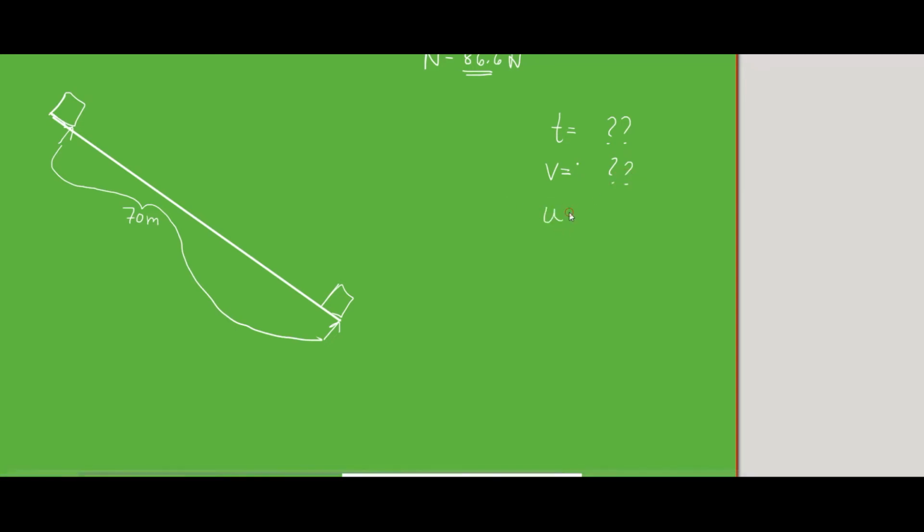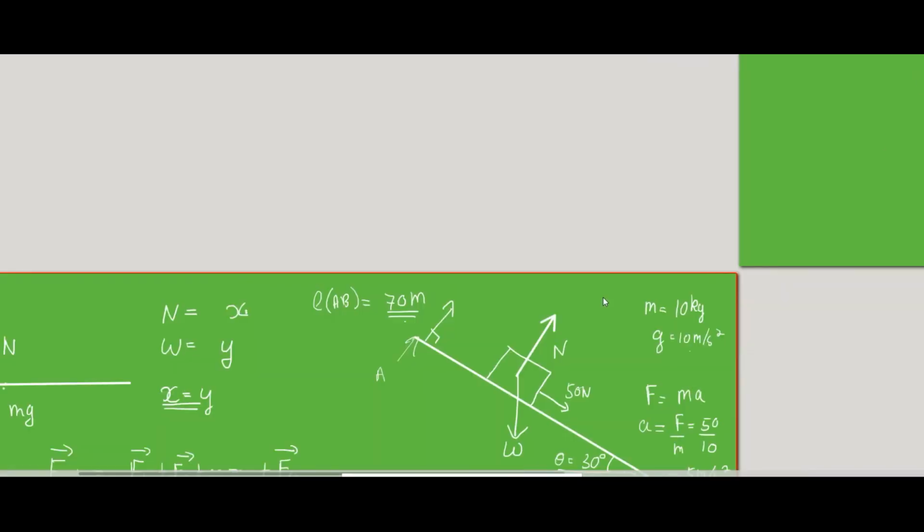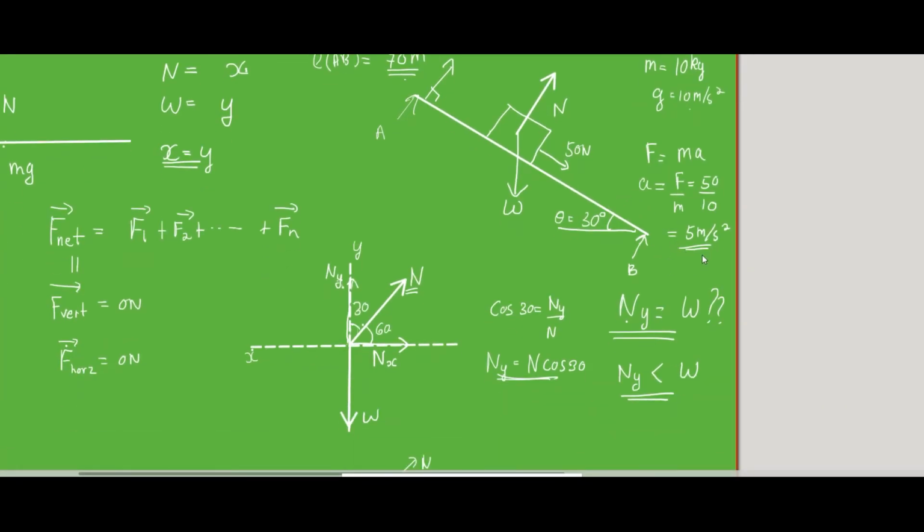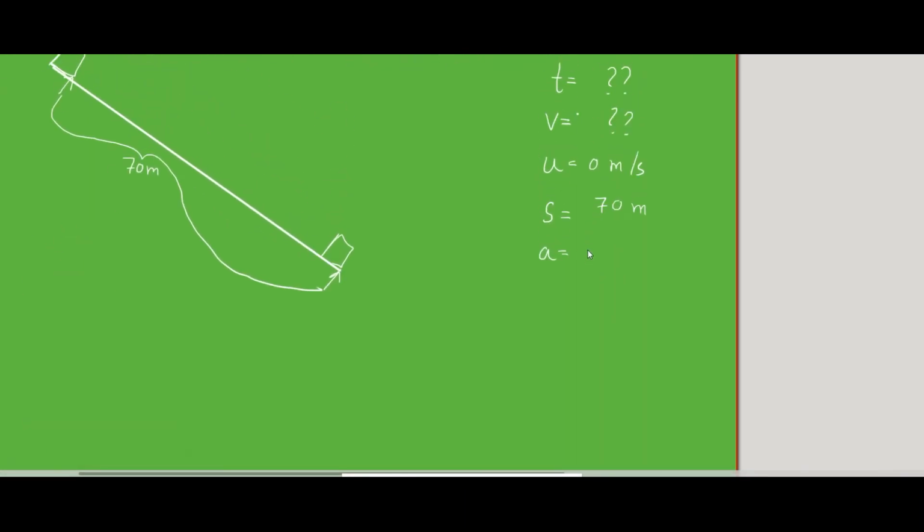Your initial velocity is 0 because we're just placing it there. Okay, displacement we know, that is 70 meters, which I just gave you right now. And acceleration will be? We just found it, right? 5 meters per second square.